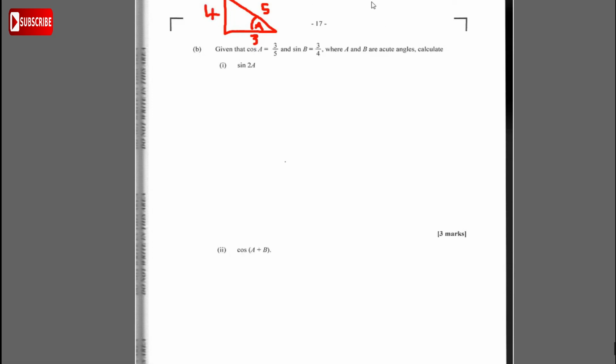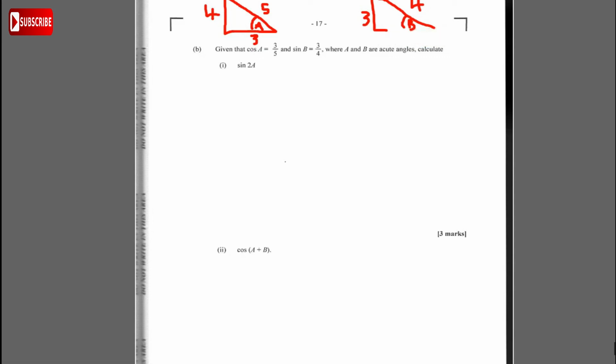Then sine B, meaning you have another triangle like this, and the angle is B, and the opposite is 3, the hypotenuse is 4, so the adjacent, using Pythagoras' theorem, is 4 squared minus 3 squared, all square rooted.